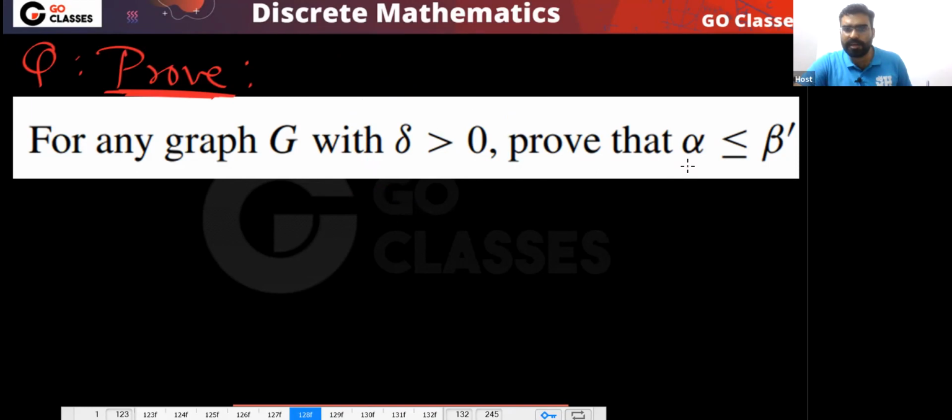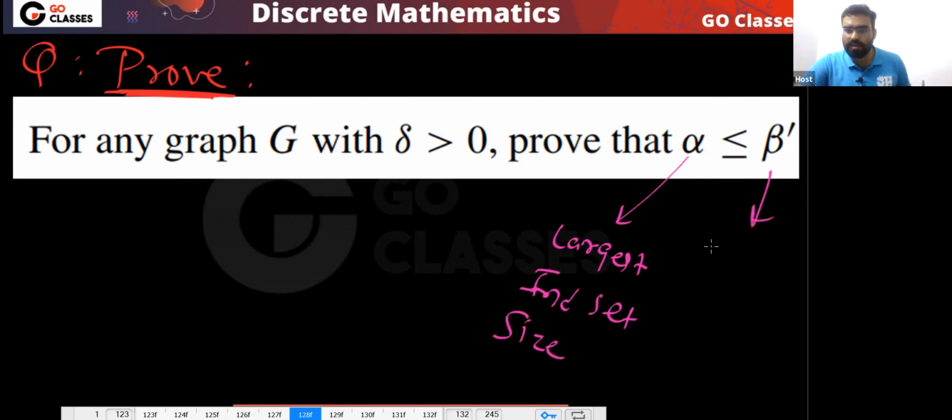because remember, this is the independence number, the largest independent set size, and this is the minimum edge cover size.